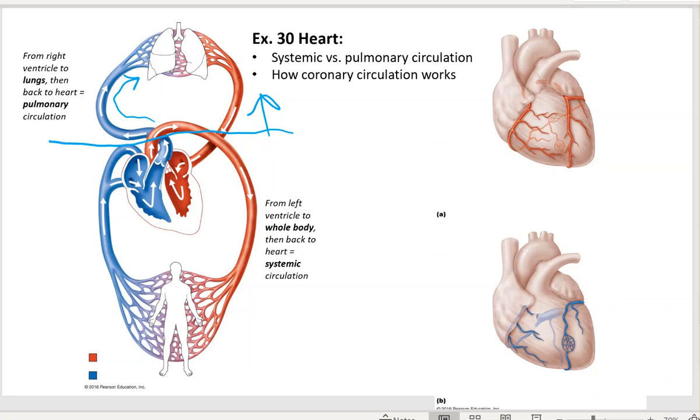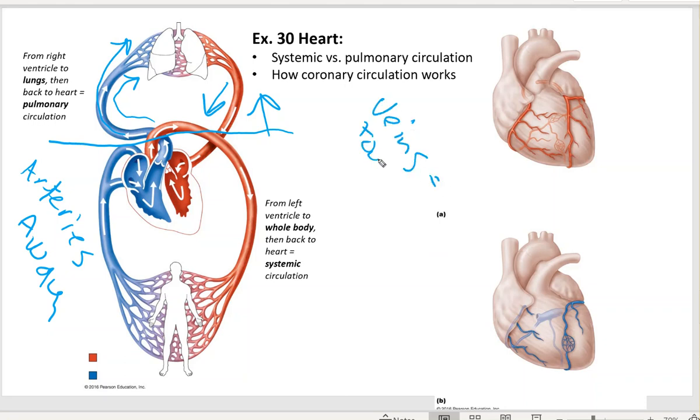And so remember, arteries are going away from the heart. So these are pulmonary arteries going away up to the lungs, and then pulmonary veins go towards the heart. And so pulmonary veins bring richly oxygenated blood back to the left atrium.